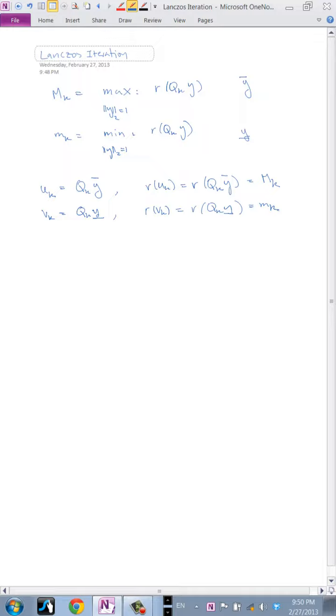Note that essentially by definition u_k and v_k are both in the span of q_1 to q_k.